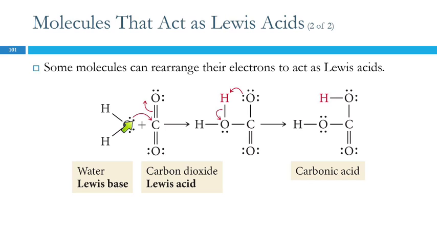So then it makes room for this pair of electrons to come over. And then this hydrogen can come off. It leaves its electrons behind over here, and it can bond to this pair over there. And that's carbonic acid. I don't expect you to remember that. It's kind of cool, though.